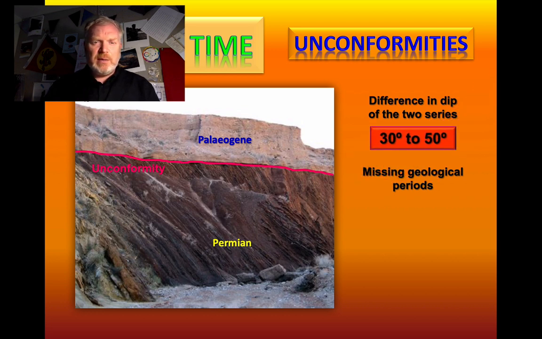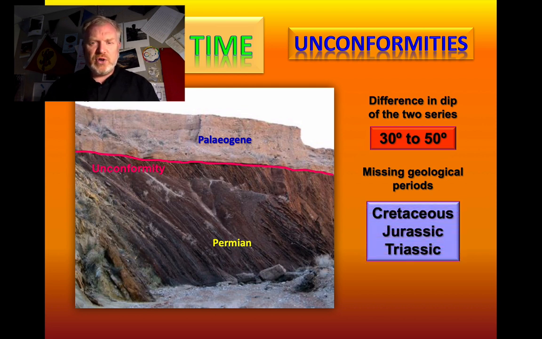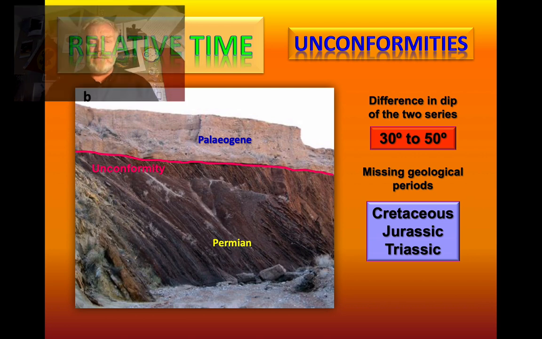And the difference in dip, it's not always particularly easy to measure here, but it's somewhere between 30 and 50 degrees. The missing geological periods, though, are more straightforward. The Triassic, Jurassic and Cretaceous are all completely absent. They're all missing from this exposure, the whole of the Mesozoic era. Something like 200 million years or more missing from the record.